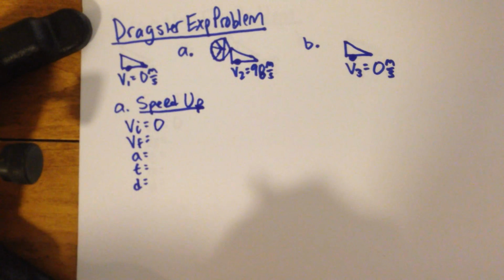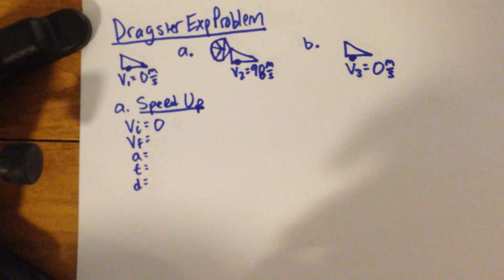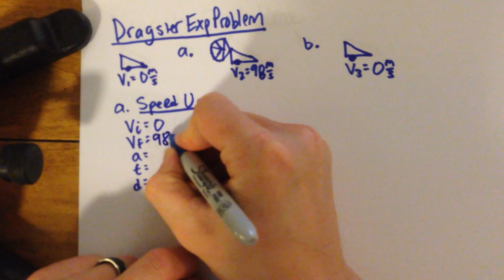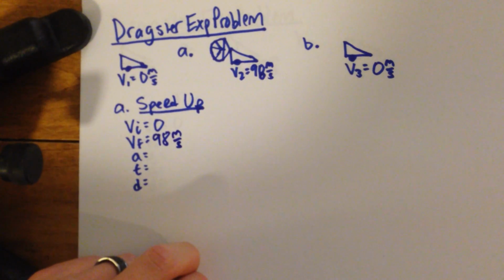Everything starts at rest. It has an initial velocity of 0. At the end of just the speed up portion, not the speed up and slow down, it reaches a velocity of 98 meters per second.